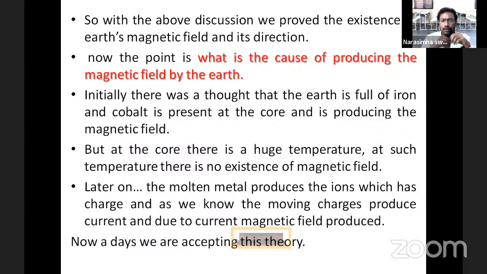Initially there was a thought that the Earth is full of iron and cobalt metals, present exactly at the core of the Earth, which produce the magnetic field. Because of this iron and cobalt, present hugely at the center of the Earth, we thought that the Earth behaves like a magnet.